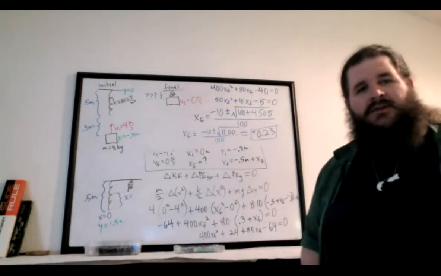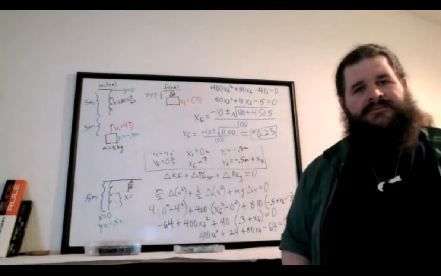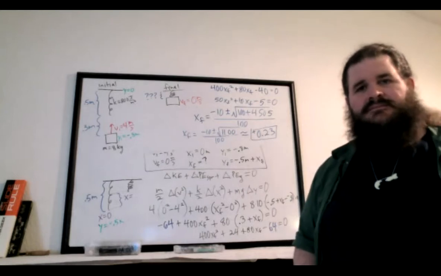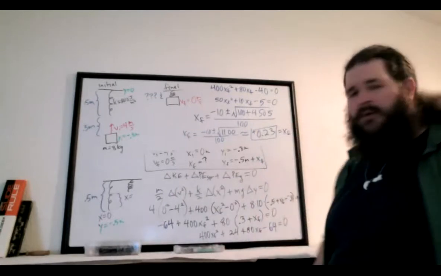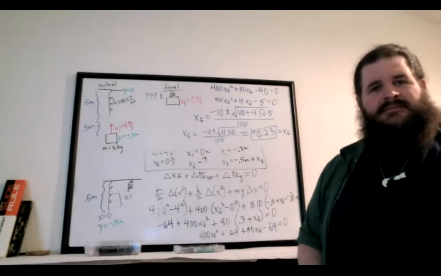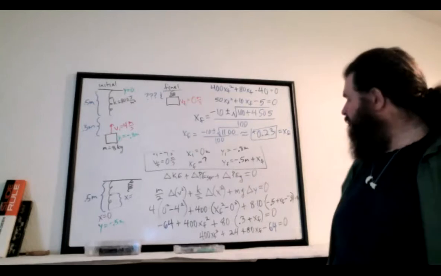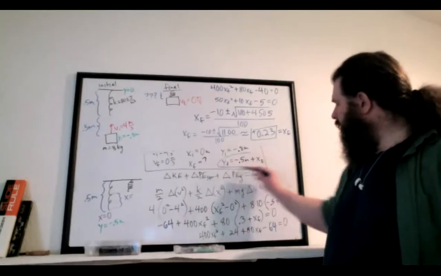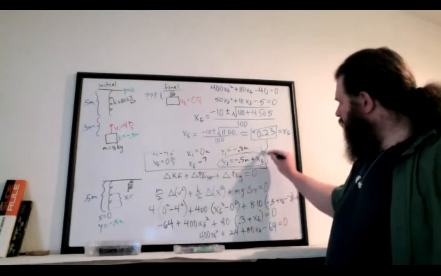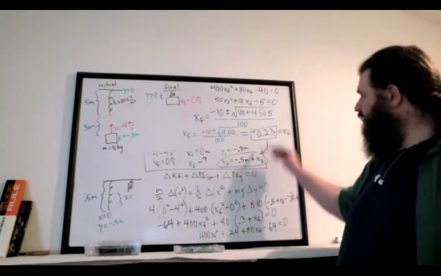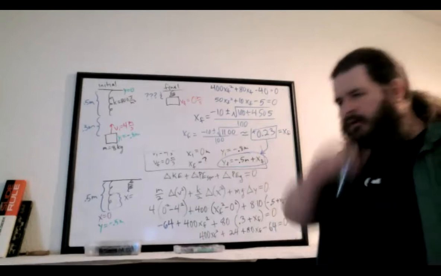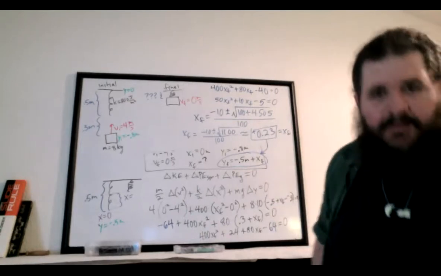How do we convert that into an actual distance from the ceiling? If we just found x final, how do we convert that into a y value? I think we had an equation that related x and y before, right? y equals negative 0.5 plus x. So if we just plug in our x final value here, negative 0.5 plus 0.23 meters, that will tell us the final y value.